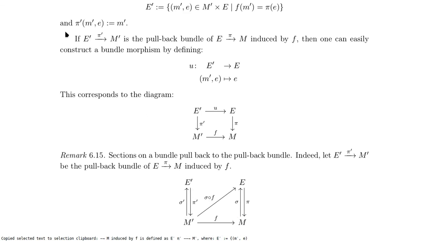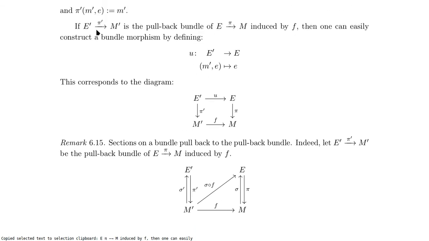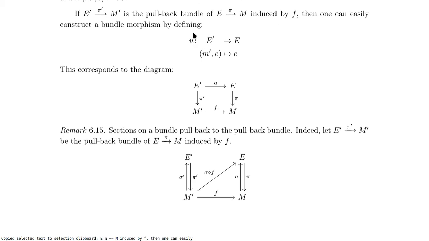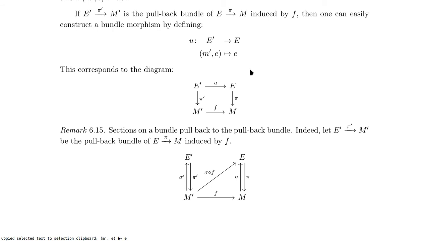If you have this as your pullback bundle of this bundle induced by this map, then one can easily construct a bundle morphism. That's pretty obvious: you get an obvious bundle morphism from E prime to E, taking these ordered pairs and giving you just e.